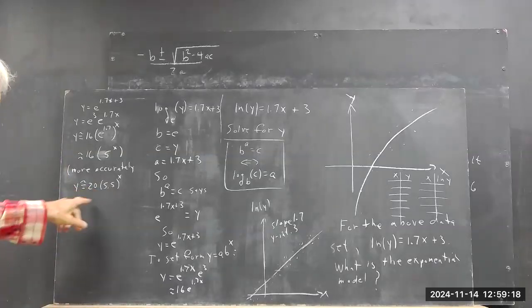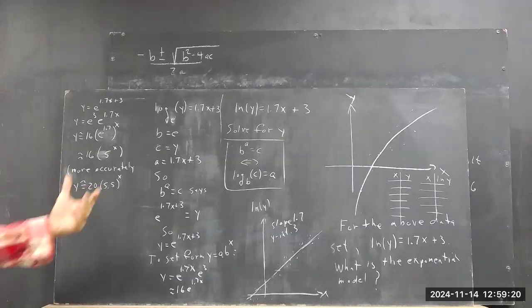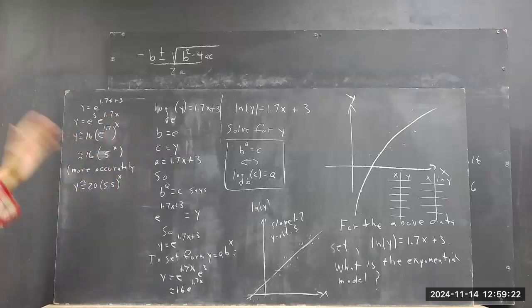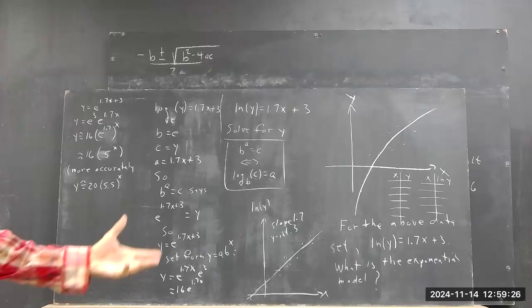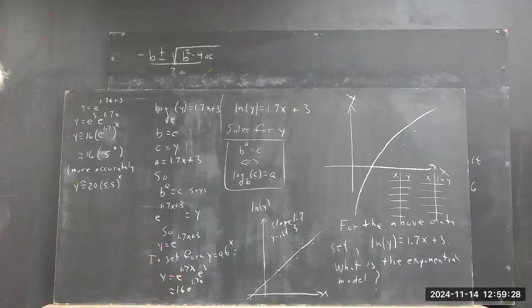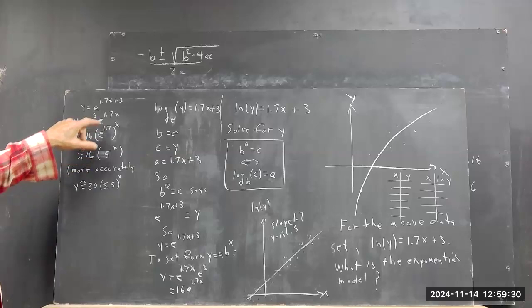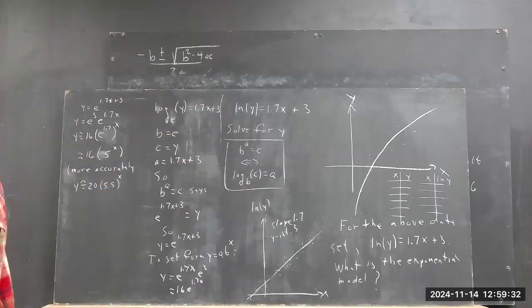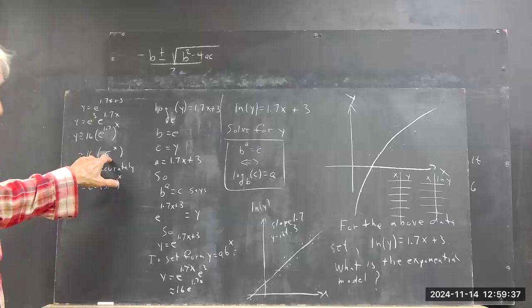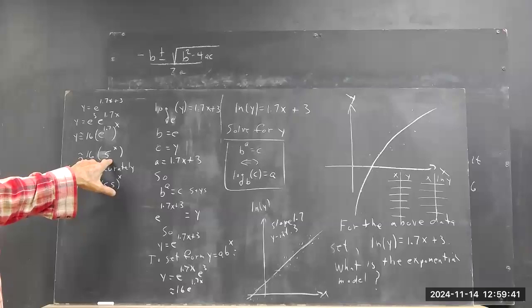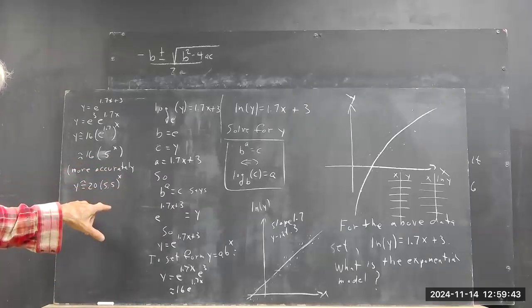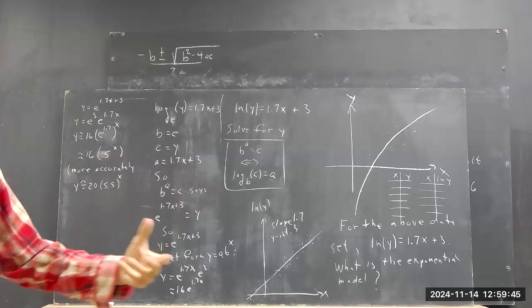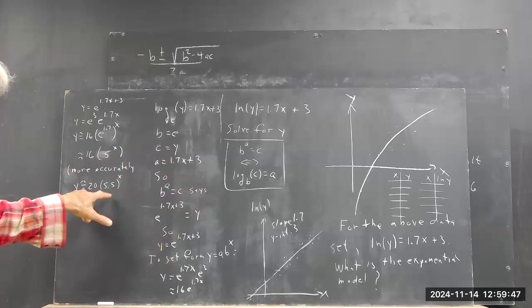A little rounding off there, we get this. If you use your calculator, you can get e to the third to 48 decimal places, which would be ridiculous, okay? And you could get e to the 1.7 to an equal number of decimal places. It's going to come out, I think, kind of close to that. This wasn't a bad estimate, considering these things are kind of hard to estimate, okay? And considering I didn't try that hard, but still wouldn't have been that great, okay?